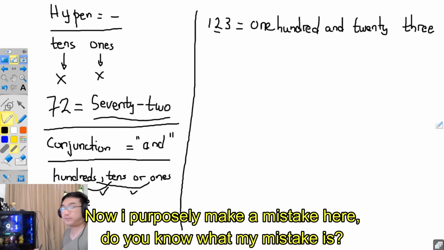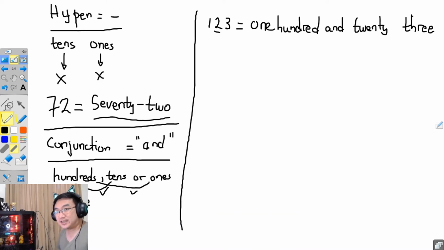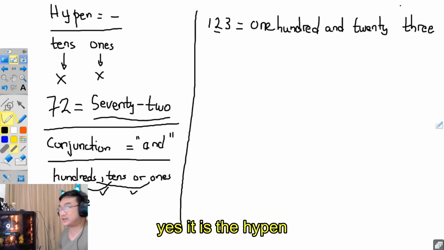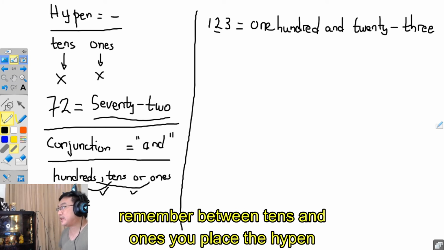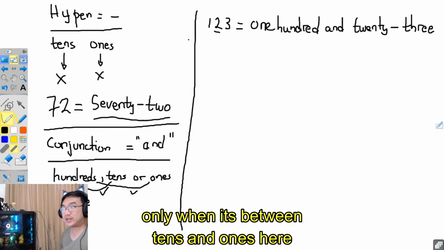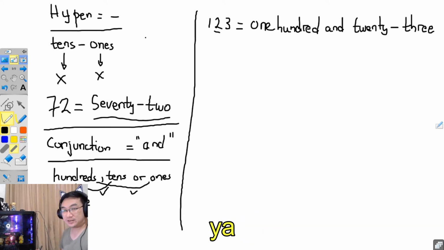Now I purposely made a mistake here. Do you know what my mistake is? Yes, it is the hyphen. Remember, you place the hyphen only when it's between tens and ones. Yeah?